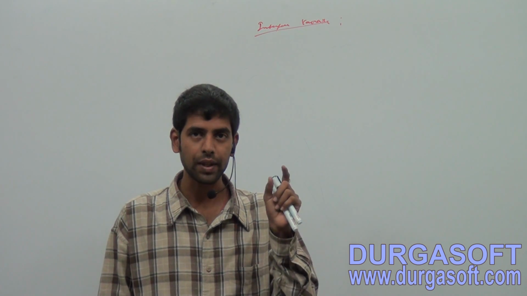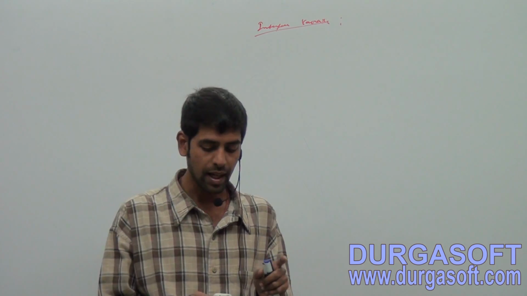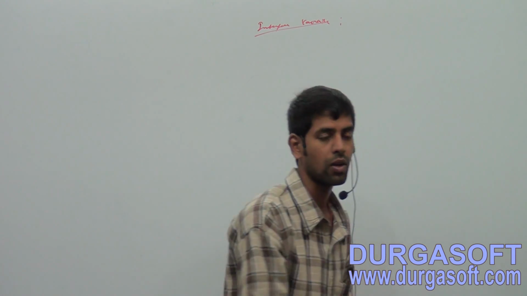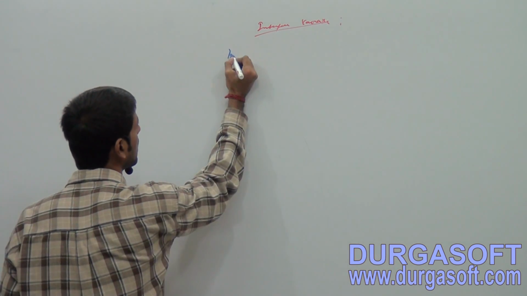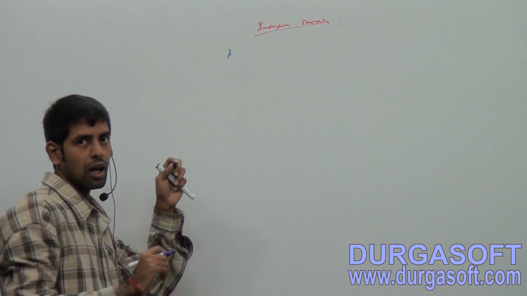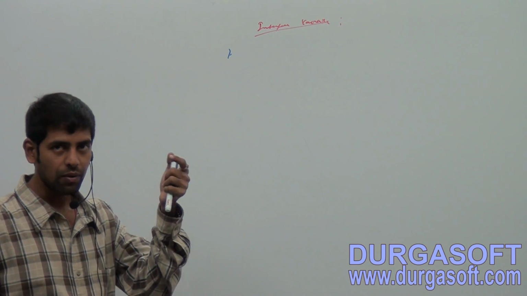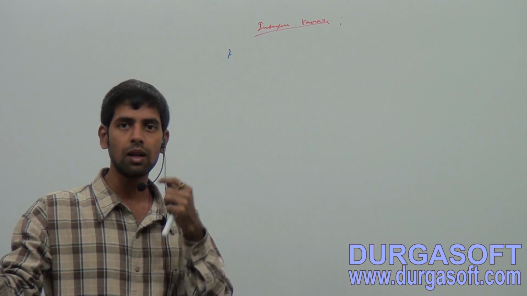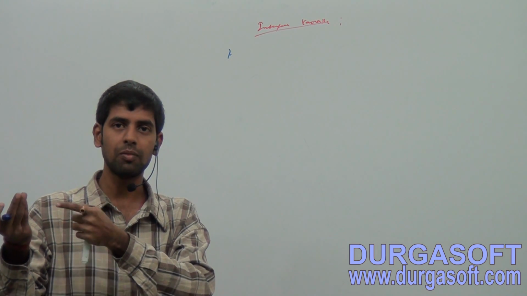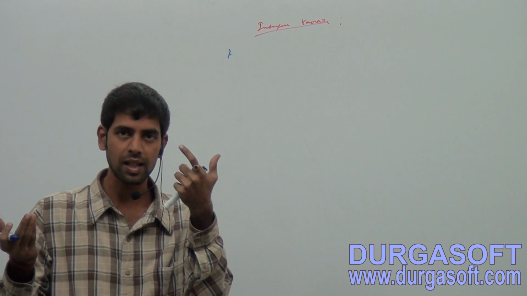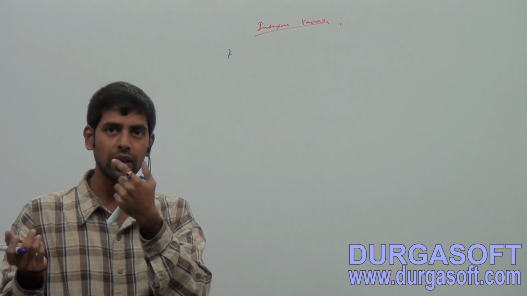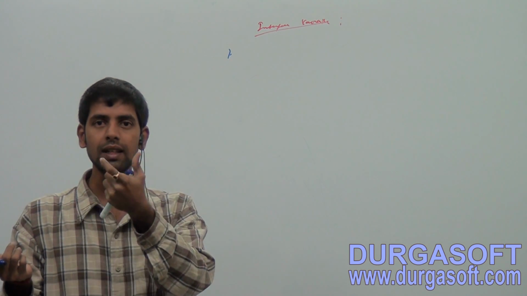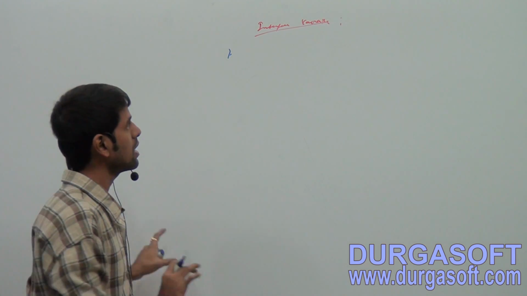Observe here, we will understand each and everything: why they made that variable public, why static, and why final.